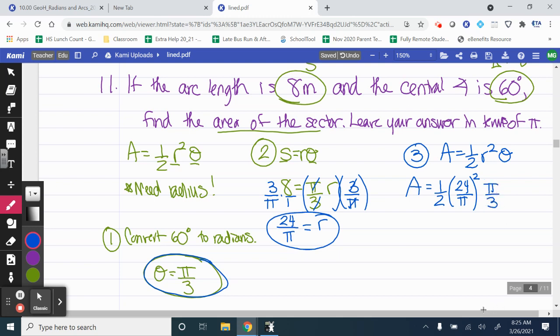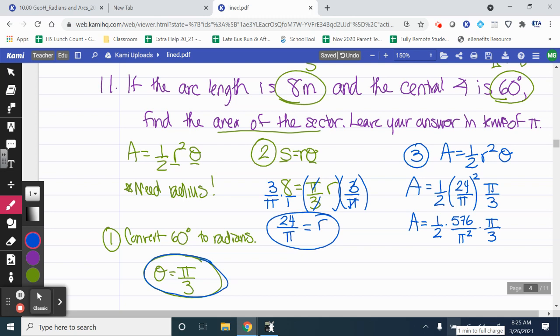So a lot of pi is going on here. So it definitely can get a little confusing. So let's try to keep it straightforward and go step by step. So first I'm going to square the 24 to get rid of these parentheses. And then I have to square the pi as well. So I'll have pi squared in the denominator and leave my 1/2 and my pi over 3 as is for now. Now I would try to cross reduce.